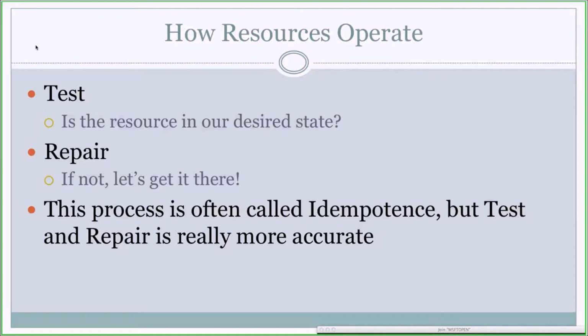Test-TargetResource's job is to validate that. If it is in the correct state, it returns true. If it's not in the correct state, it returns false. If it returns false, then the Local Configuration Manager says, okay, I need to try to fix this. So I pass the same parameters to Set-TargetResource.